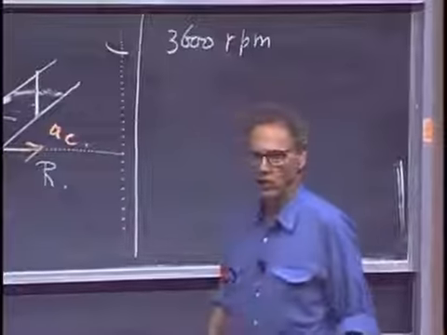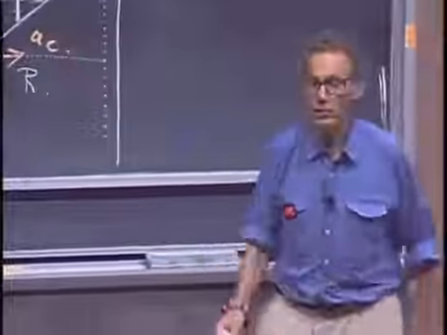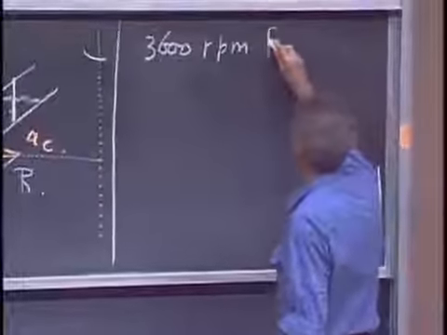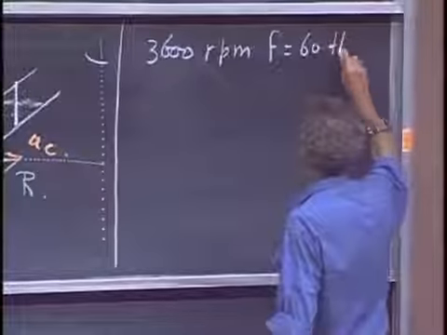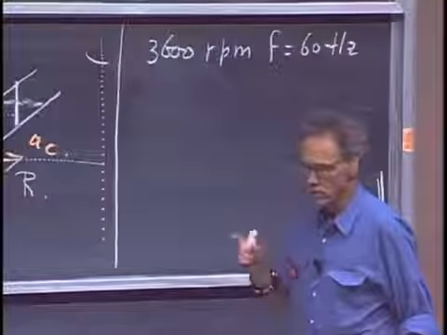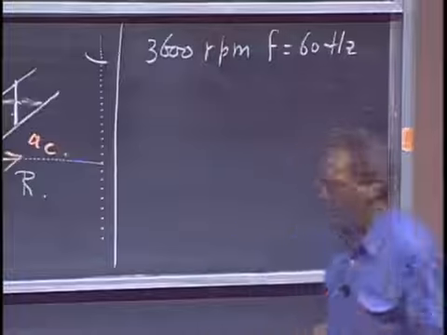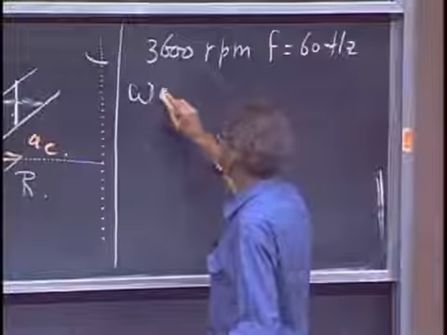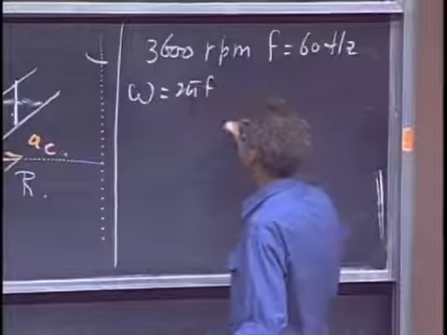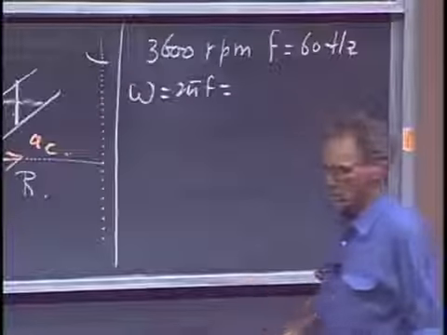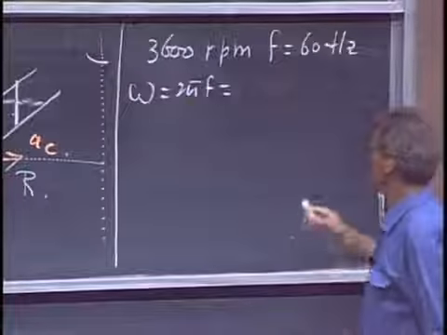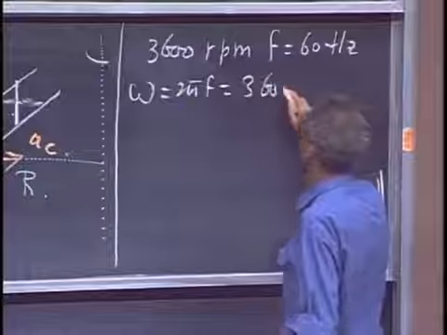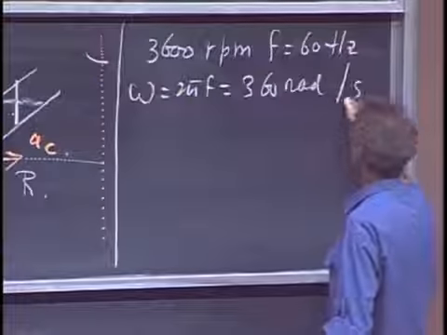So 3,600 RPM translates into a frequency of 60 Hertz. So it goes around once in 1/60th of a second. Omega is 2 pi times f, which is therefore roughly 360 radians per second.